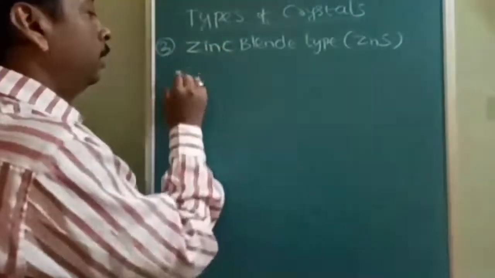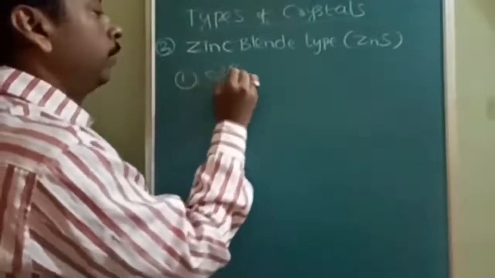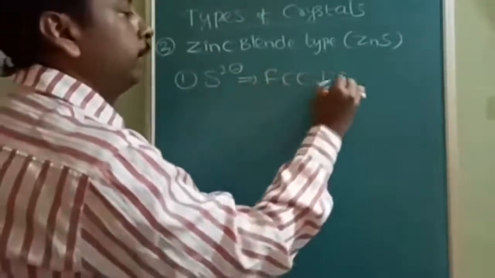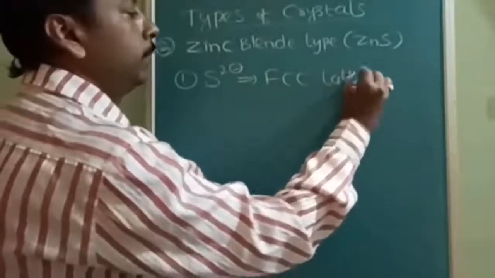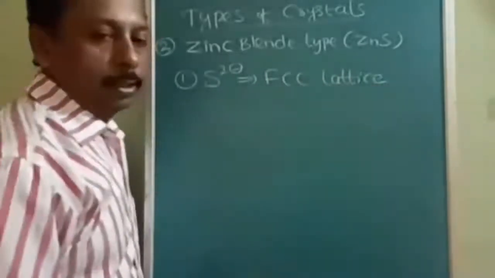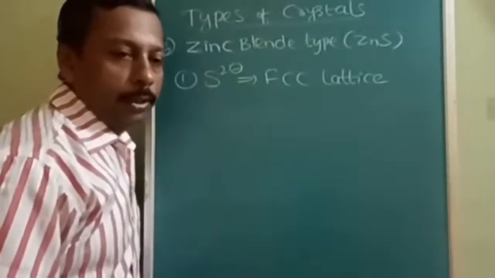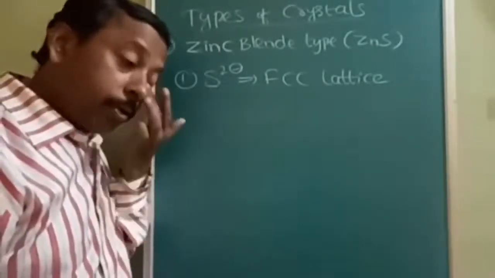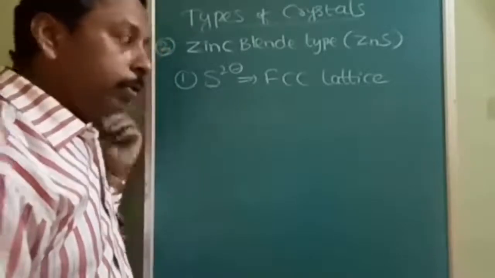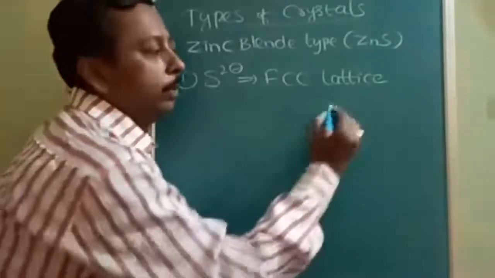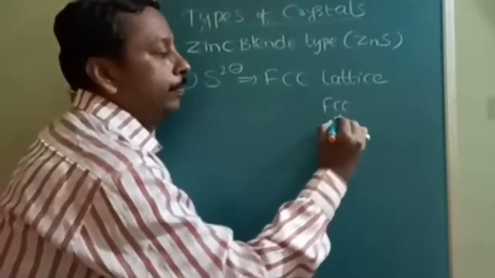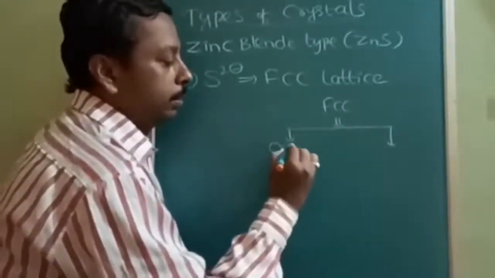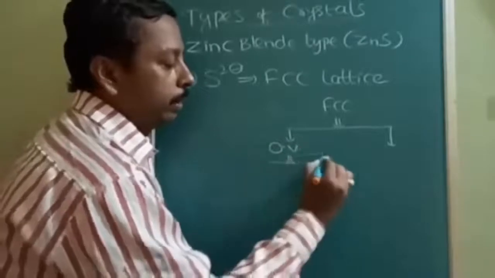Here, S2 negative. First point I am telling you, S2 negative forms an FCC lattice. Which lattice? FCC lattice. So there won't be any separate points for location of voids. Location of voids I have already covered in FCC. In FCC, octahedral voids, where are they?